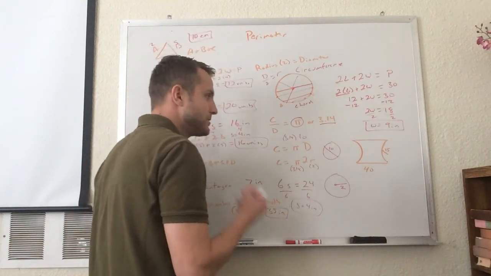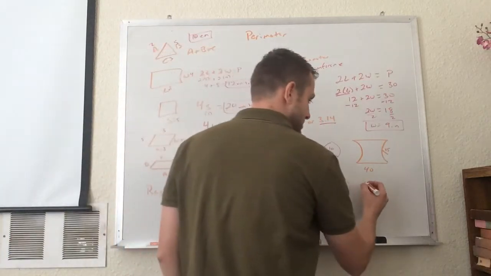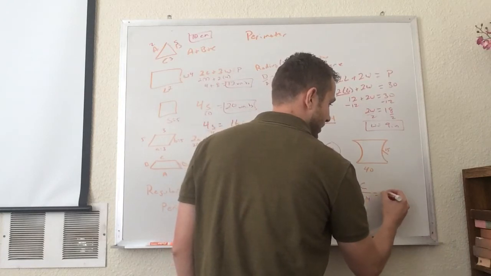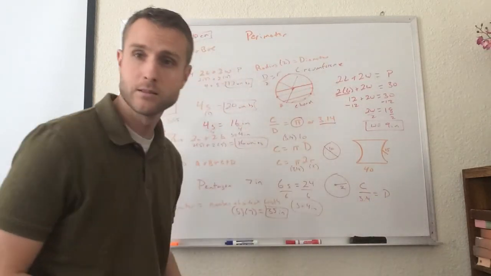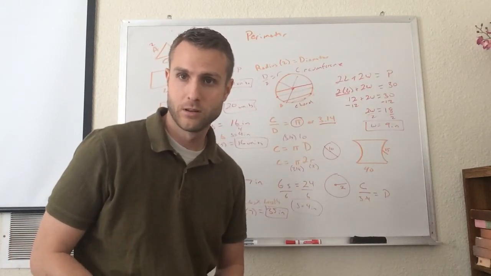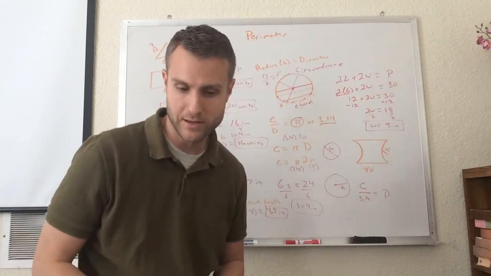So, if it gives you the circumference and it wants the diameter, all you have to do is do the circumference divided by 3.14. That will give you your diameter. Once you have your diameter, if you want your radius, just divide by 2. So circumference divided by 3.14 pi will give you your diameter.